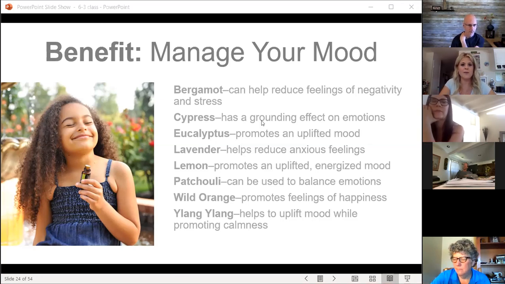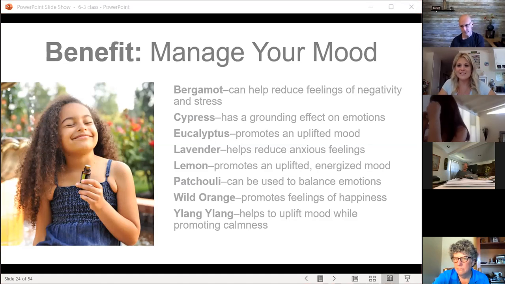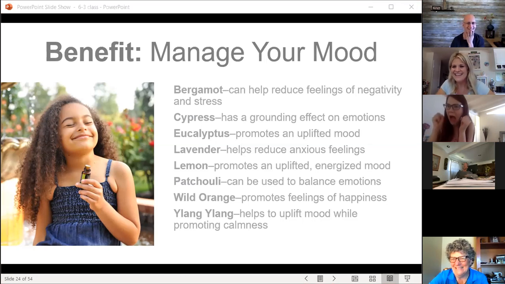Eucalyptus helps uplift your mood. Lavender helps reduce stress and anxious feelings. We also want to do some lemon, which is uplifting and energizing. So if you're in a funk, maybe a midday lull, use some lemon.